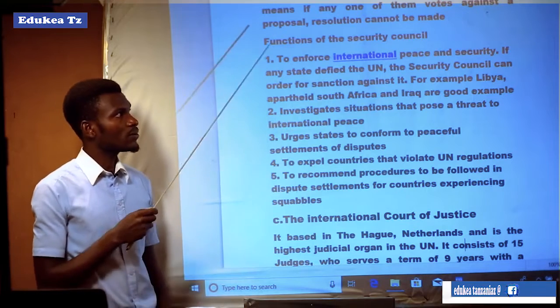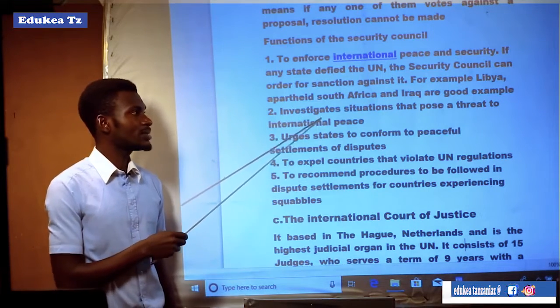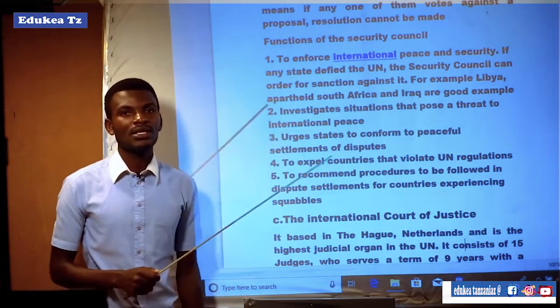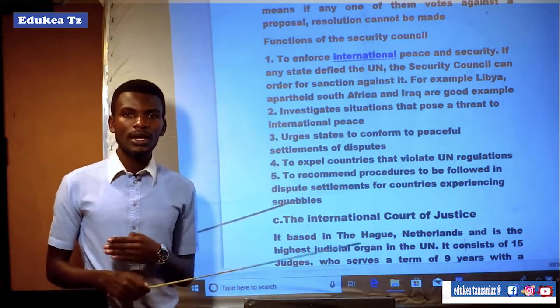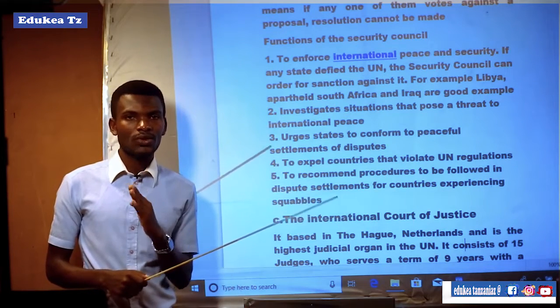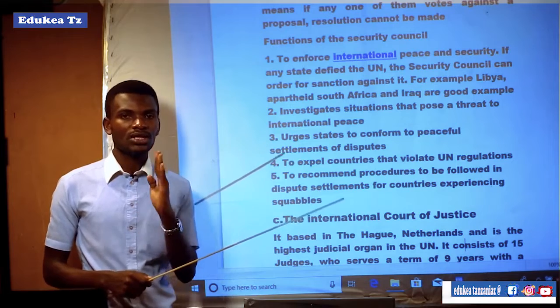Another function of the Security Council is to investigate situations that pose a threat to international peace. It means the Security Council is there to investigate situations which can lead to a threat to world peace.